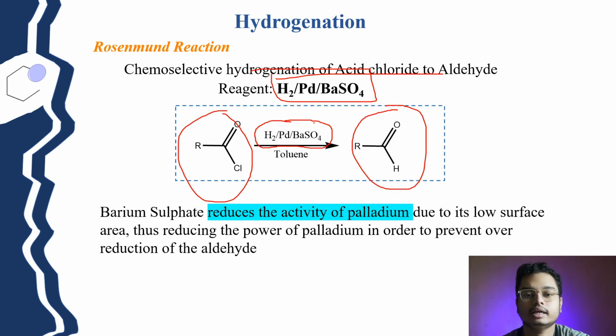Now you may think why it stops at the aldehyde, it could go till the alcohol. This is not happening because of the presence of BaSO4. Barium sulfate reduces the activity of palladium. Here is the heterogeneous catalyst due to its low surface area.